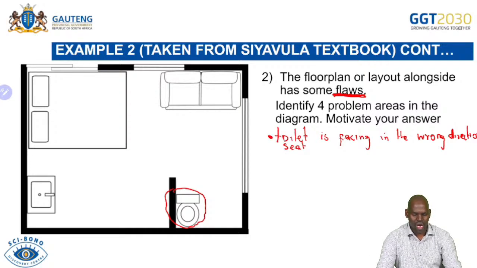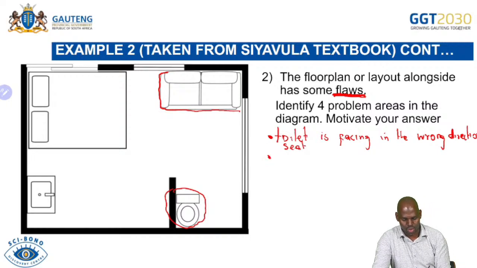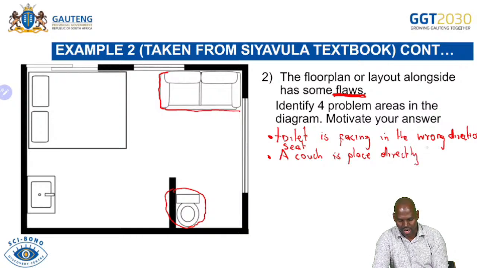Okay, then again, boys and girls, imagine you have a visitor and the visitor is now sitting on the couch. There is a couch, and the couch is placed directly opposite the toilet. So this one will say: a couch is placed directly opposite the toilet.